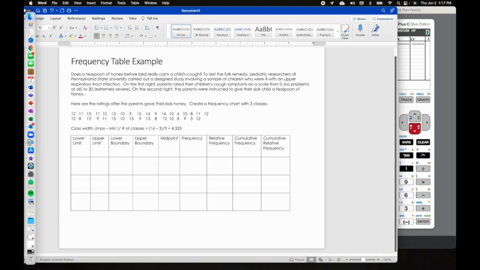If you round down, sometimes that doesn't work. So we always round up to the nearest whole number. In this case, we're going to round up to 5. So this is our class width. Let me highlight that.